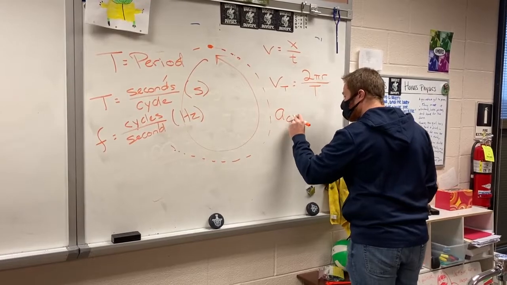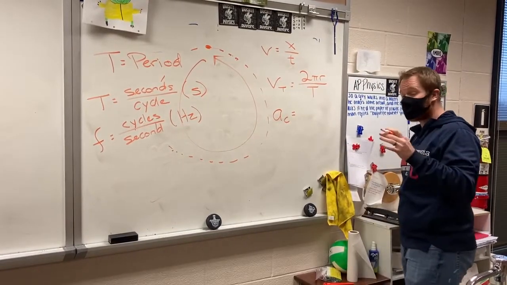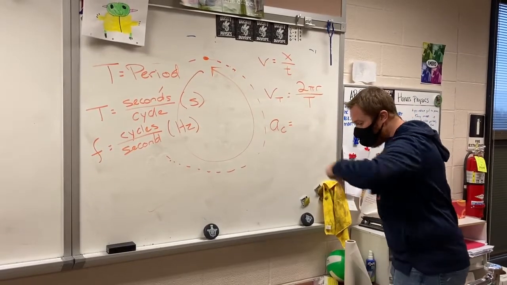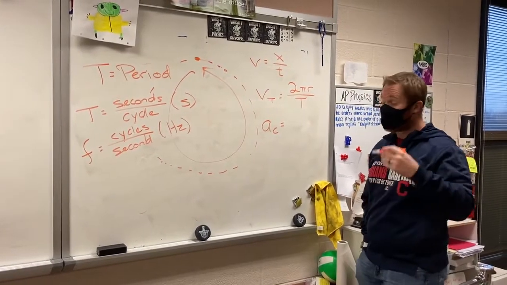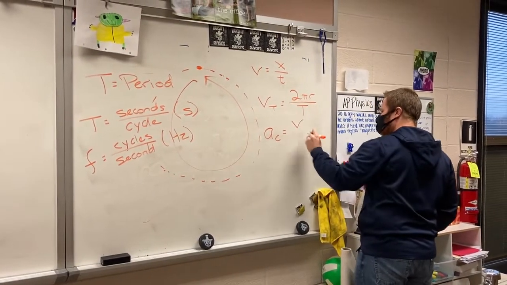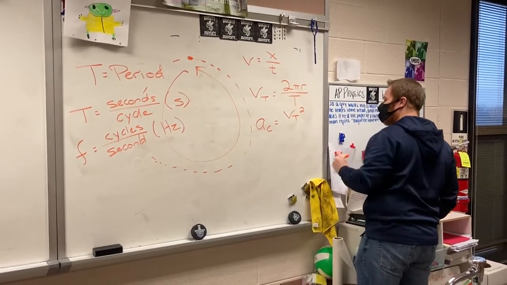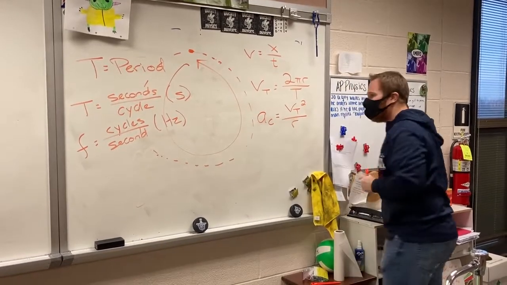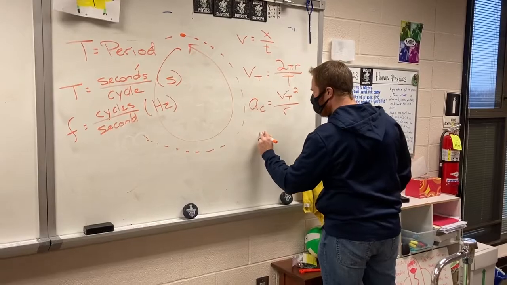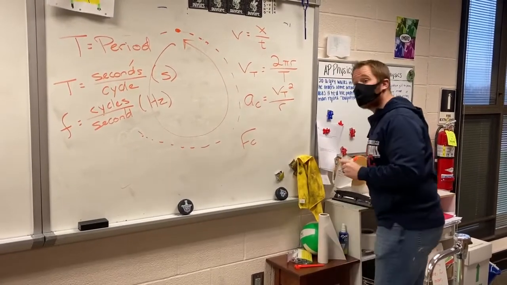We want to get centripetal acceleration. This is really common when we talk about things like astronauts flying around in circles as they do training to re-enter the Earth's atmosphere. They could pull a lot of g's of acceleration. That is tangential velocity squared divided by the radius, and we all know what the radius is. It'd just be the radius of the circle. And then the last one is centripetal force.